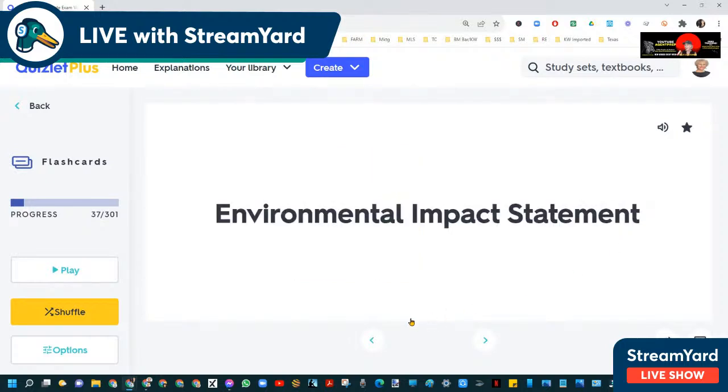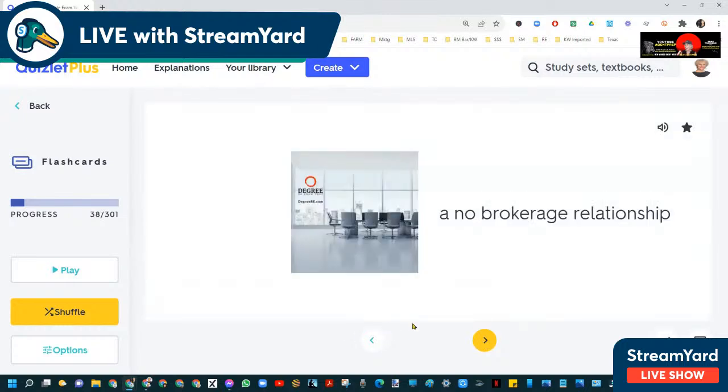Environmental impact statement. We're not used to vocabulary like this, right? A no brokerage relationship. What is a no brokerage relationship? Anybody?